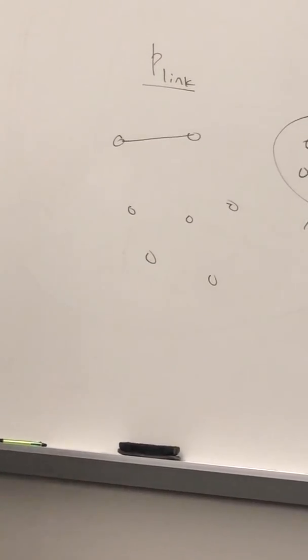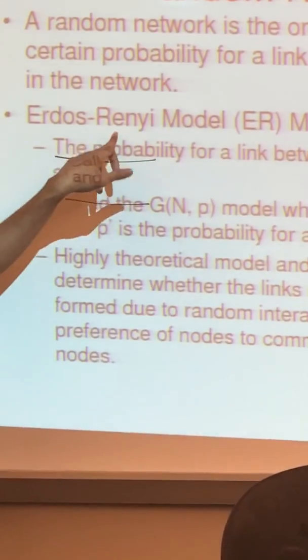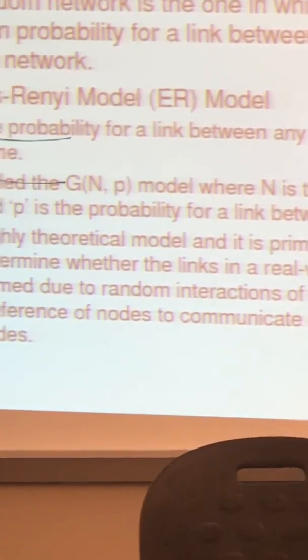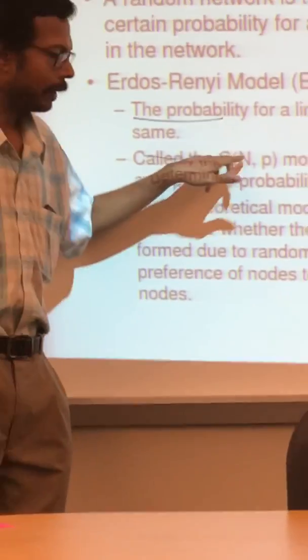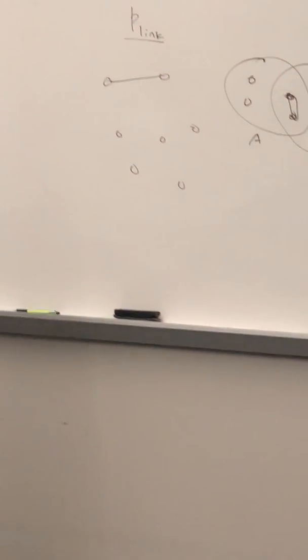There's a well-known model called the Erdos-Renyi model, named after the people who came up with it. We'll call this the ER model, and it can also be referred to as the GNP model, where G refers to graph, N to the number of nodes, and P to the probability of a link.